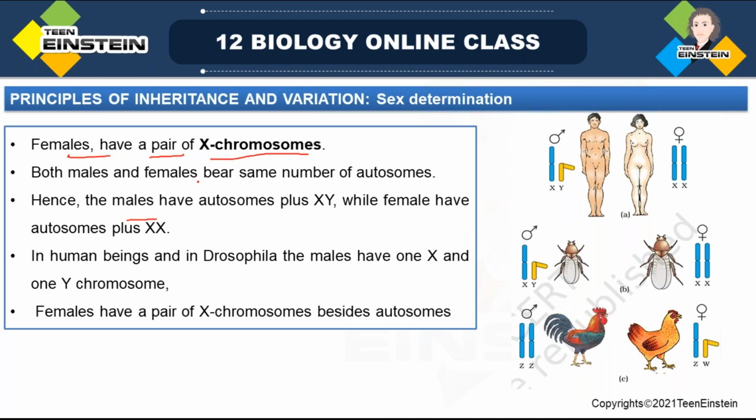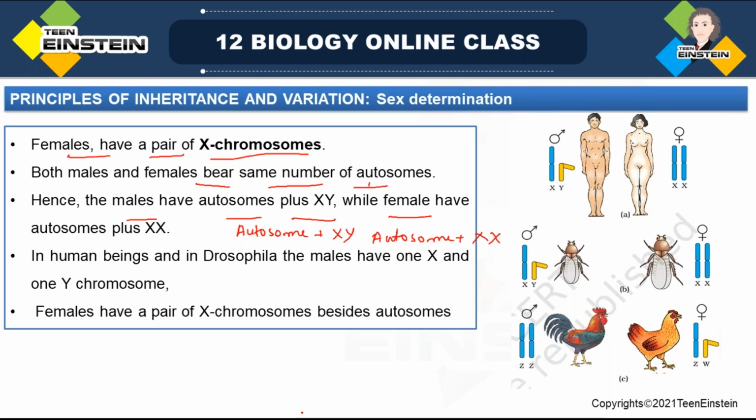So the male has autosomes plus XY, in the case of human beings. But the female has autosomes plus XX.